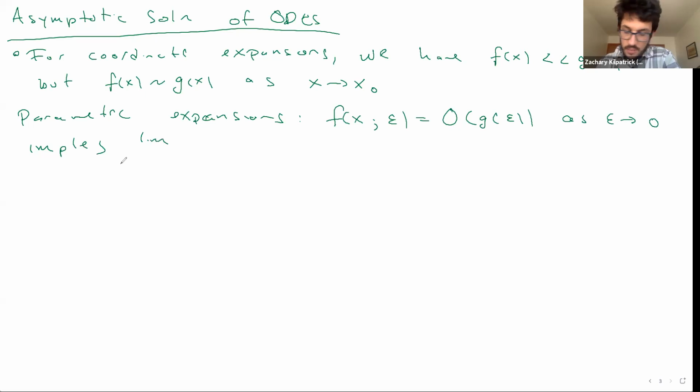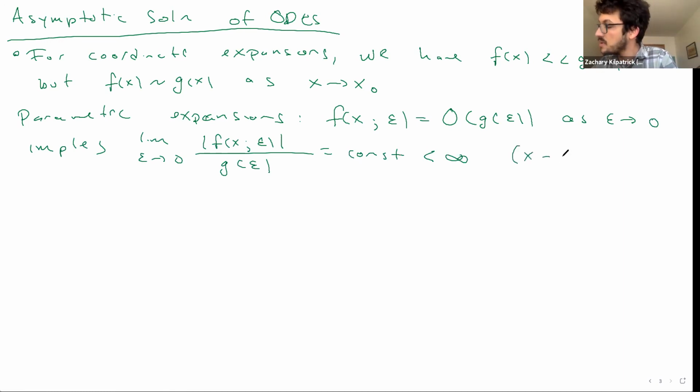And so if we have this big O notation, the limit as epsilon goes to 0 of f of x, epsilon divided by g of epsilon should be a constant that's less than infinity in that case. And typically we can only make this claim for x fixed, okay?